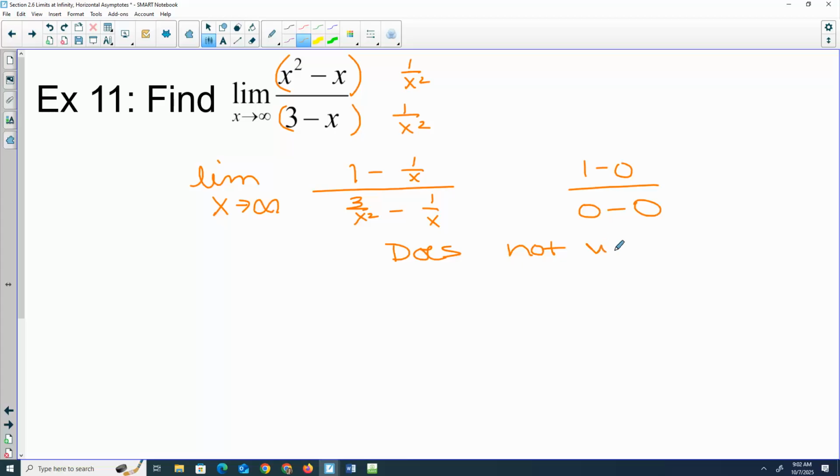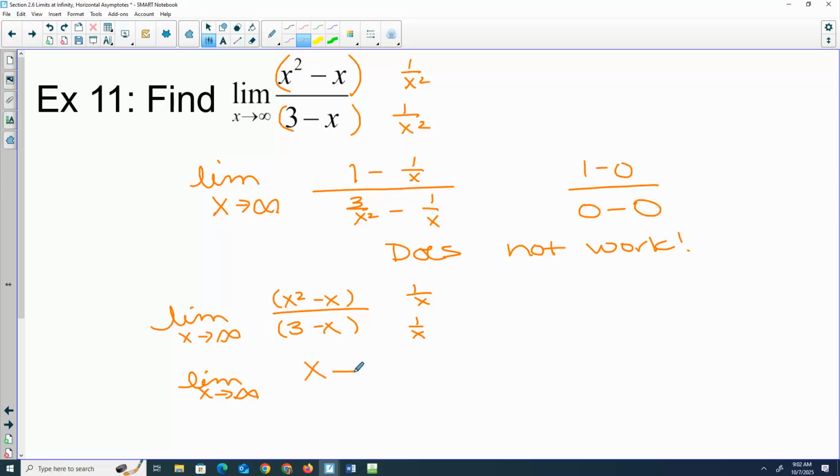What else could I try? If I go back to multiplying by the highest power of x, my issue was that I had more x's on the top than the bottom, right? What if I multiplied by 1 over x on top and bottom instead of 1 over x squared? So x squared over x would be x, minus x over x will go to 1, 3 over x minus 1.